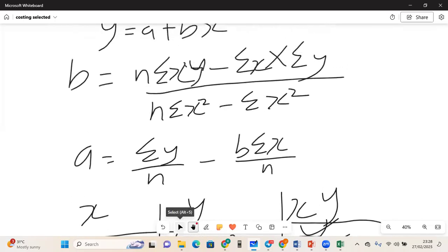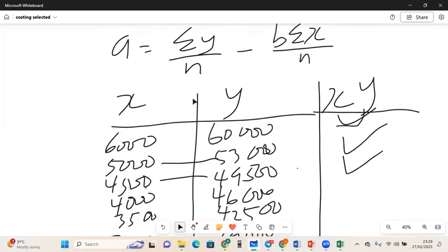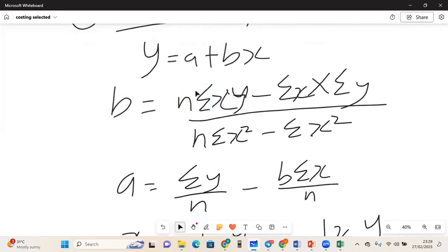Then when you finish, you add all of them, right? You multiply by the number of months, which is 6 months. You are going to get your n times this. So you are going to get this. Now, if you multiply the summation of x by the summation of y, you're also going to get this.